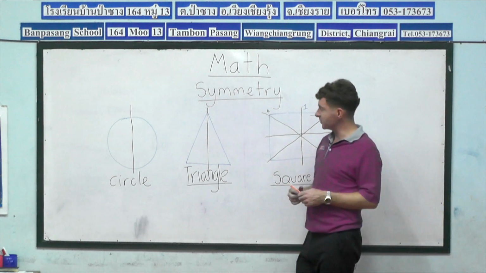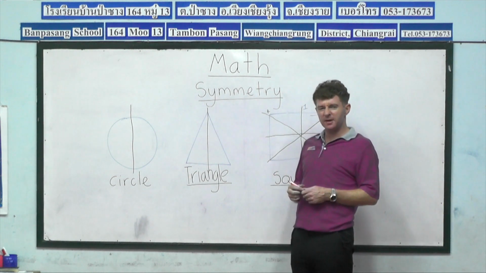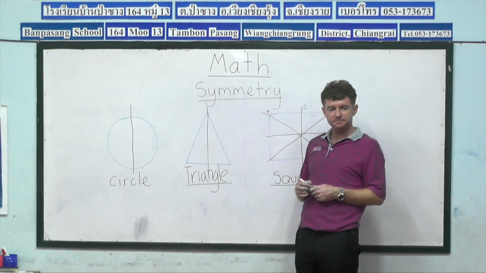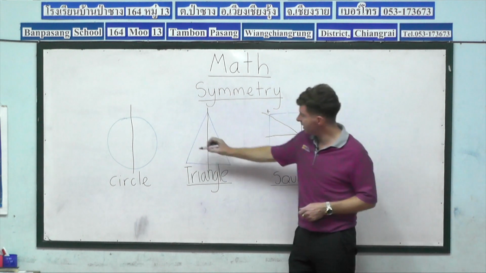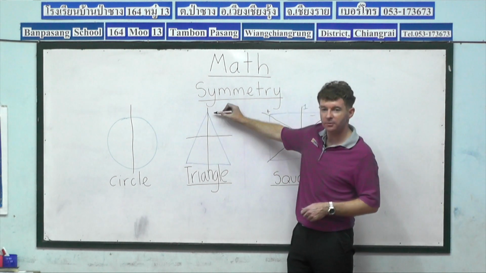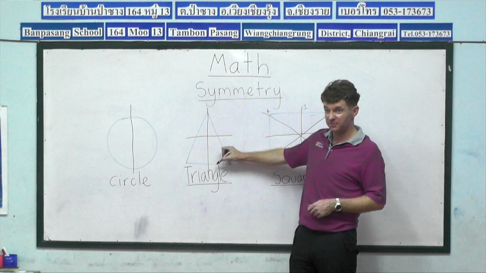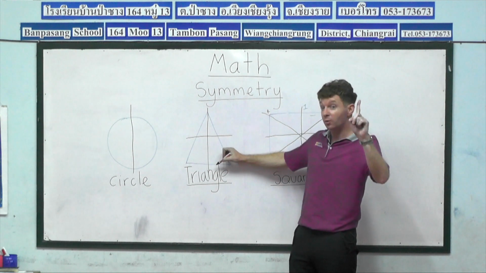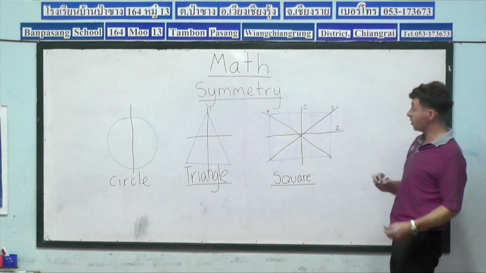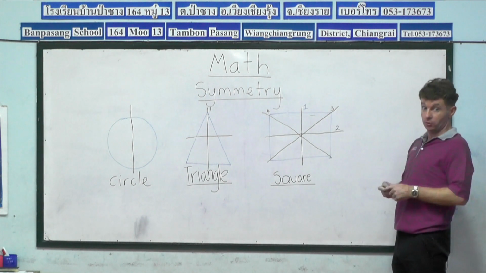But when we look at a triangle, can anybody think of any other way we can make the triangle symmetrical? No. If I go this way with the triangle, the top and the bottom are different. So the triangle only has one line of symmetry, but the shape of the square has four.